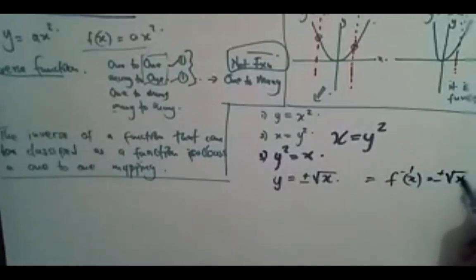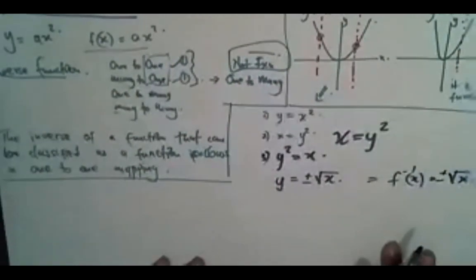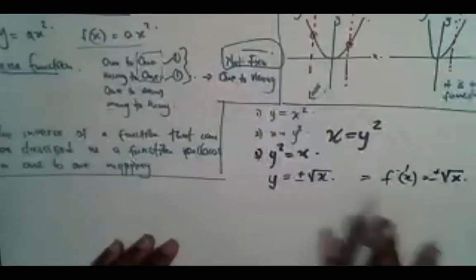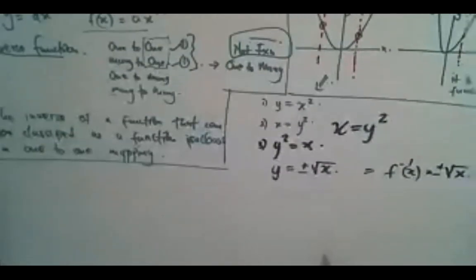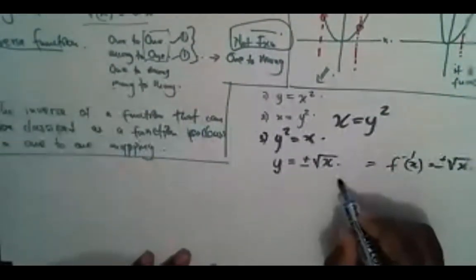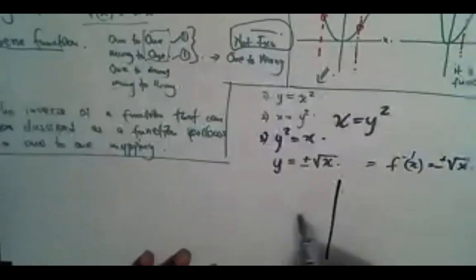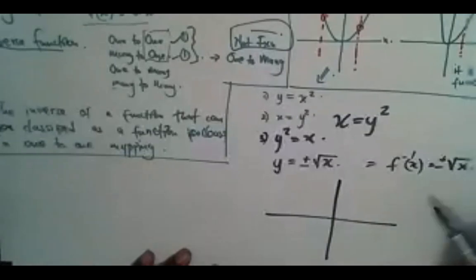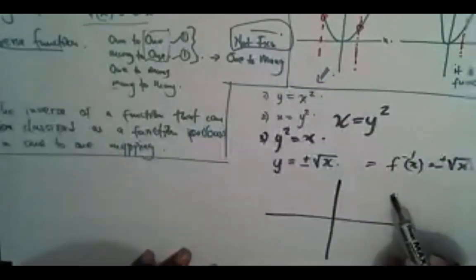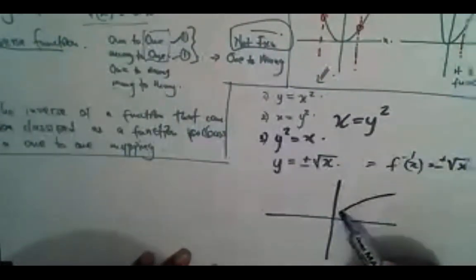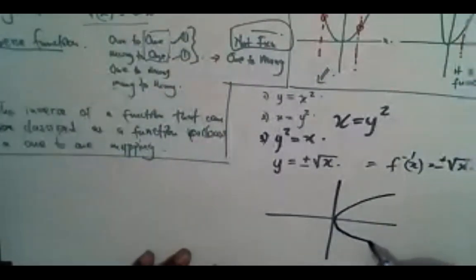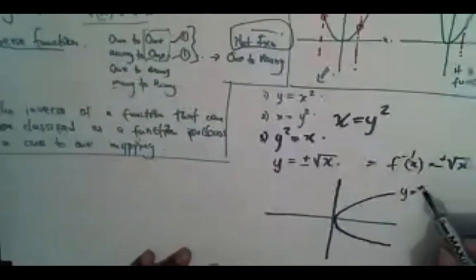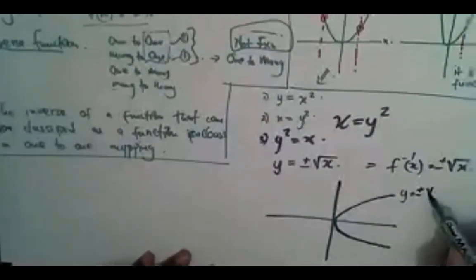Now, how do I know how to draw the graph of plus or minus the square root of x? I'm going to draw it here. It is a parabola like this. This is the graph of y is equal to plus or minus the square root of x.